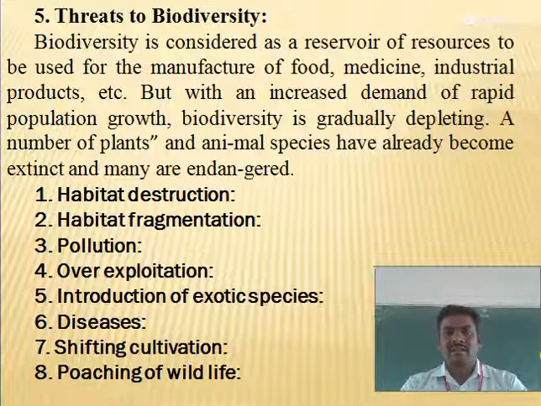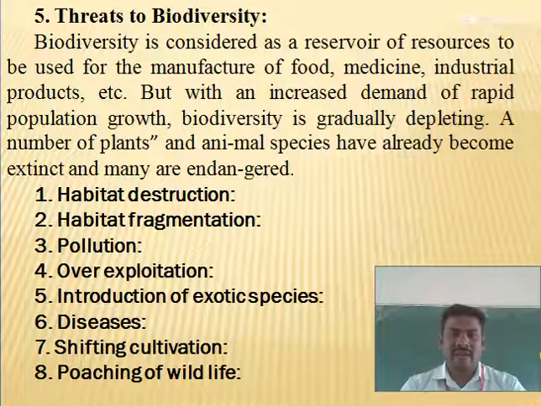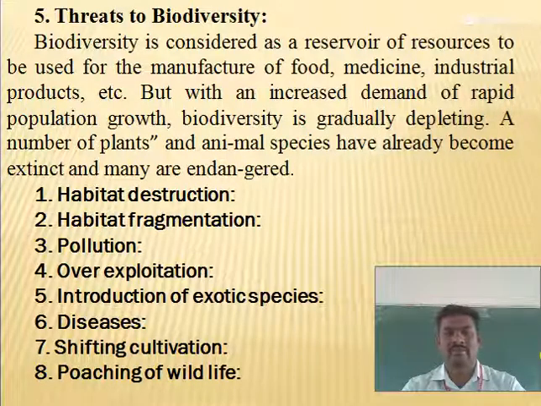A number of plant and animal species have already become extinct and many are endangered. First one is habitat destruction, second one is habitat fragmentation, third one is pollution, fourth one is over exploitation, fifth one is introduction of exotic species, sixth one is disease, seventh one is shifting cultivation, eighth one is poaching of wildlife.